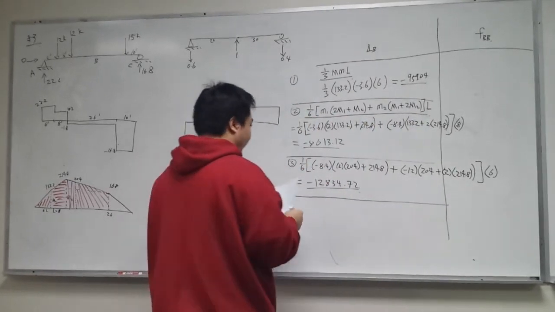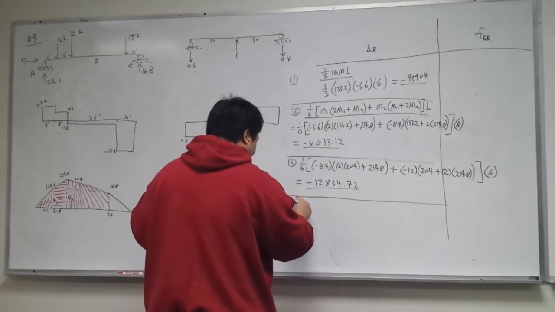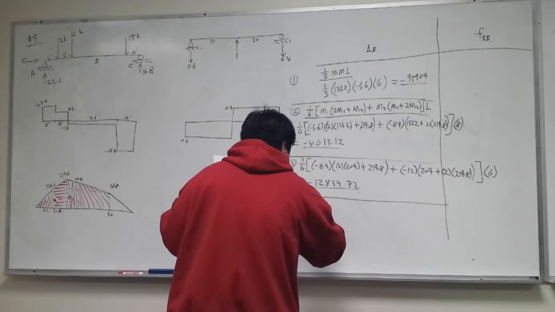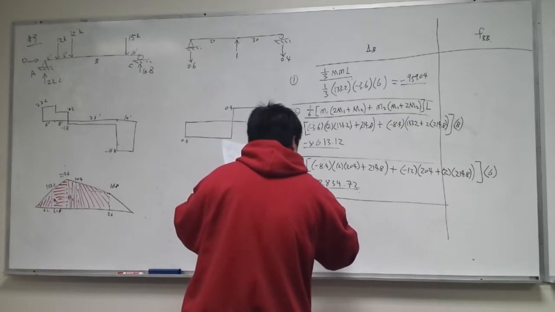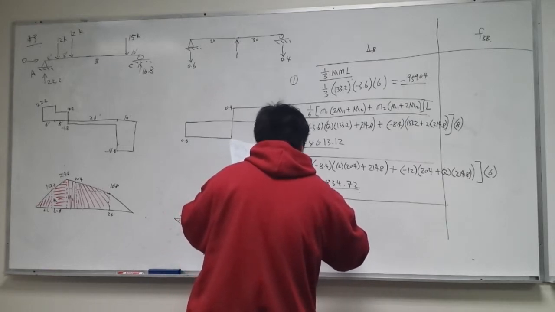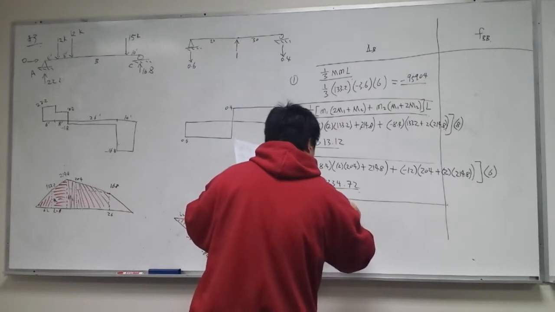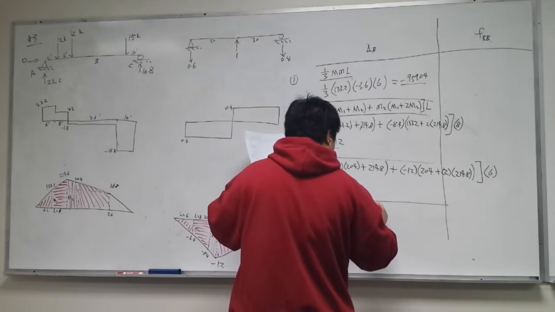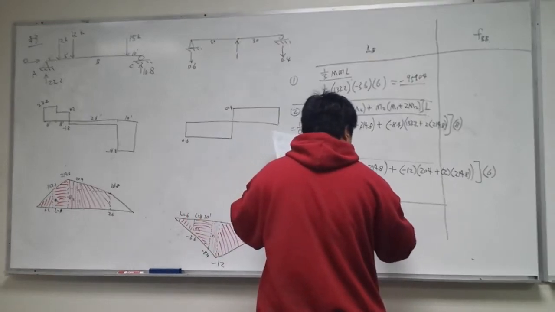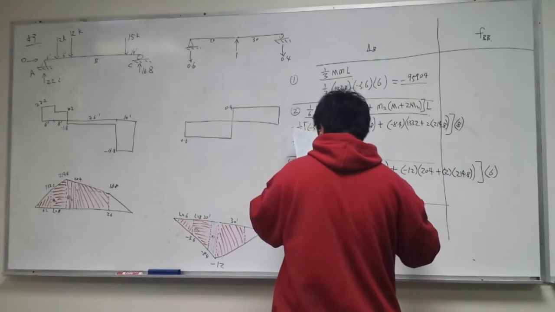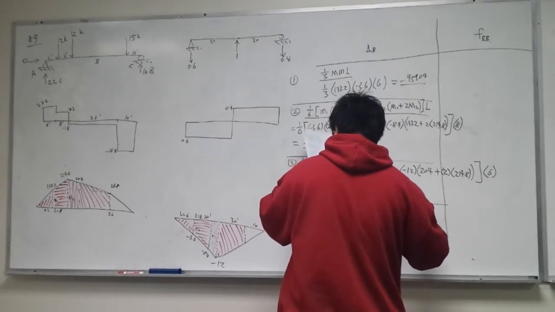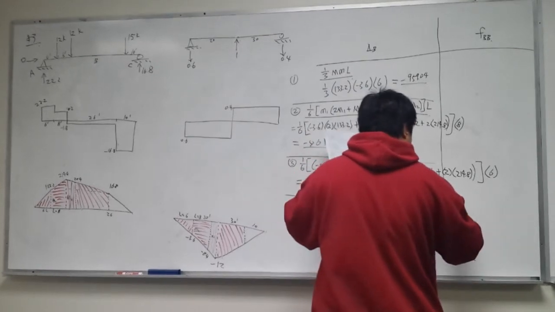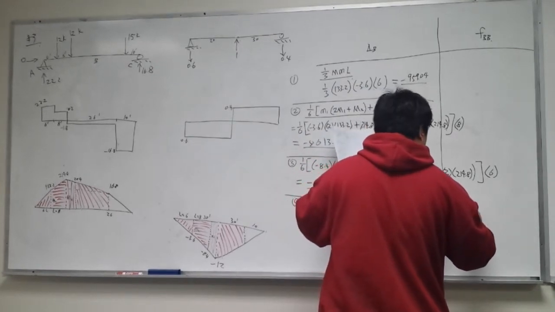So you're gonna have 1 over 6 times negative 4 times 2 times 168 plus 204, plus negative 12 times 168 plus 2 times 204, times 20.